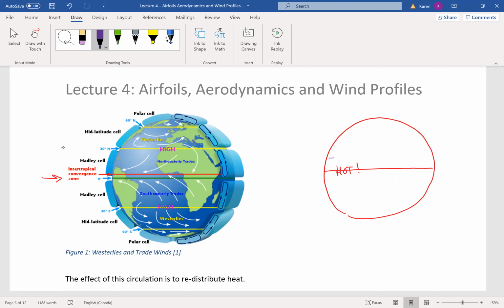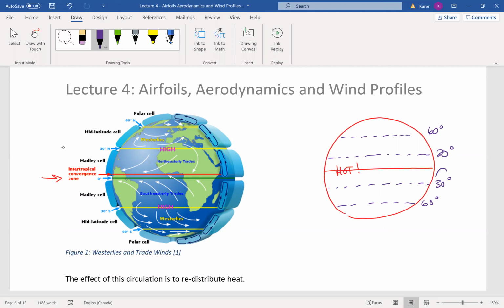So if we look at 30 degrees above and below the equator, and we look at 60 degrees latitude above and below the equator, then what happens actually is the effect of the heat is traveling in opposite directions.